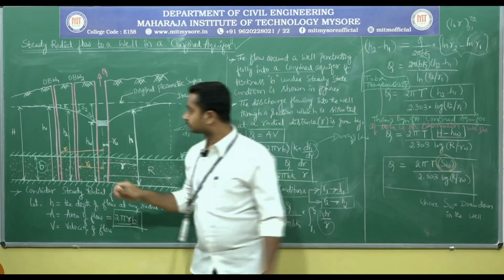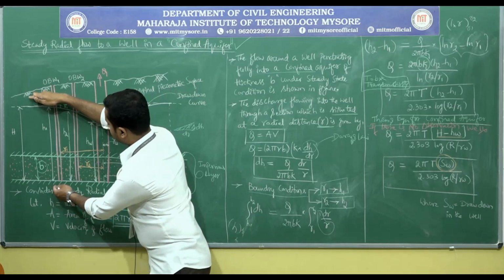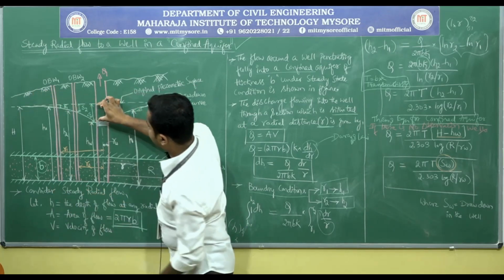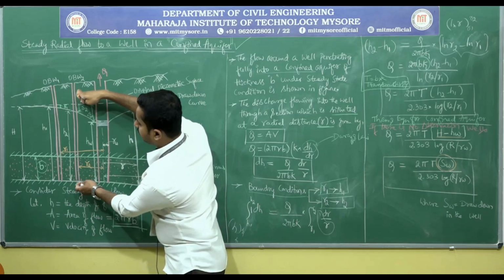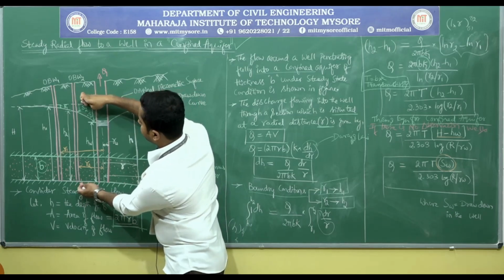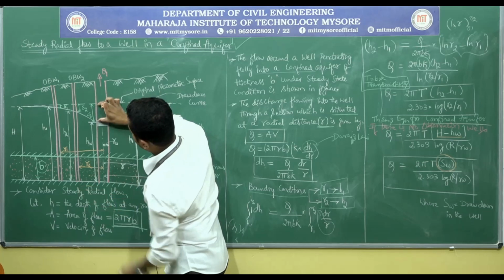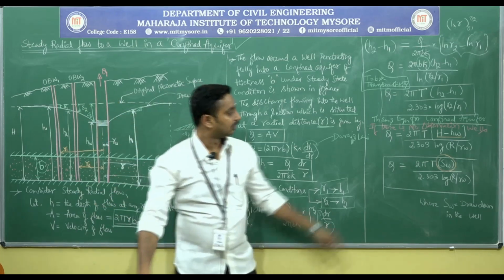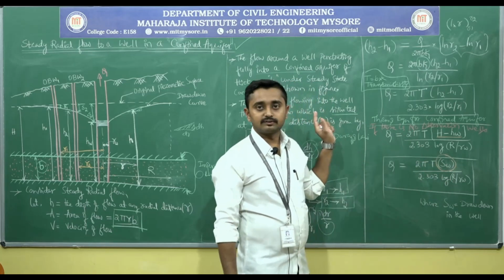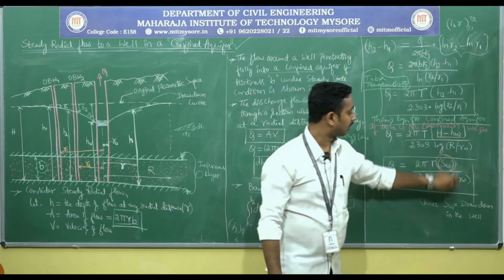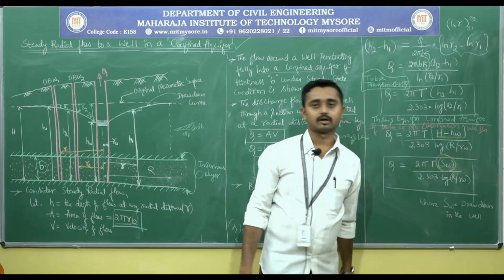Drawdown, listen: H minus Hw is nothing but the drawdown Sw, correct? From here to here it is H; H minus Hw gives you Sw, the drawdown. So this term is replaced by Sw divided by the same thing, 2.303 log of R by rw.